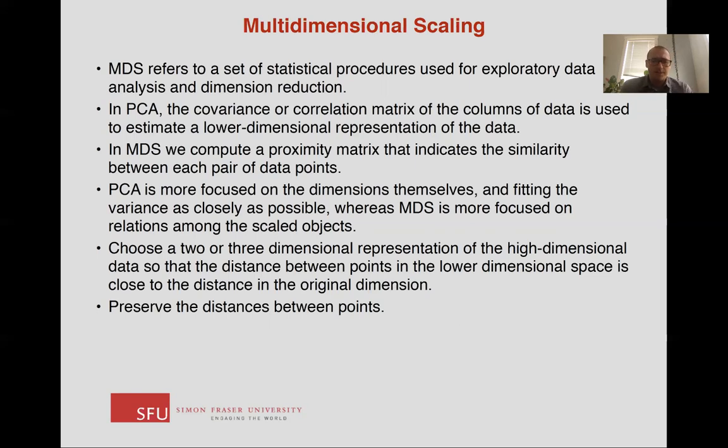So what's the big idea about MDS? Well, in MDS, we're interested in preserving the distance between points. We know the distance in the higher dimensional space, and we'd like to preserve these distances when we choose a lower dimensional representation for our data.